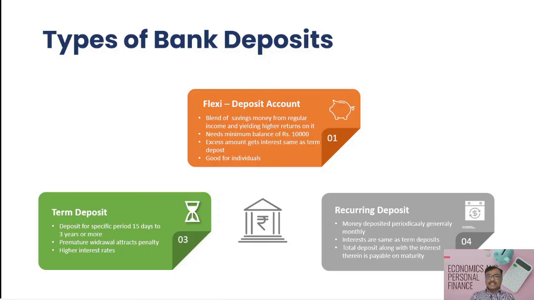These interest rates are usually enough to beat inflation. However, any interest earned on a term deposit is taxable. The third type of deposit you can consider for investment is a recurring deposit. With this account, you contribute money regularly at set intervals, generally monthly. The account earns interest on money invested during its duration.